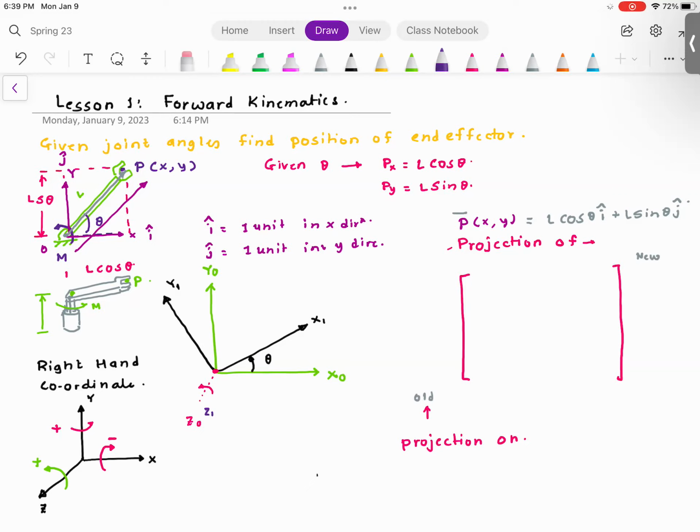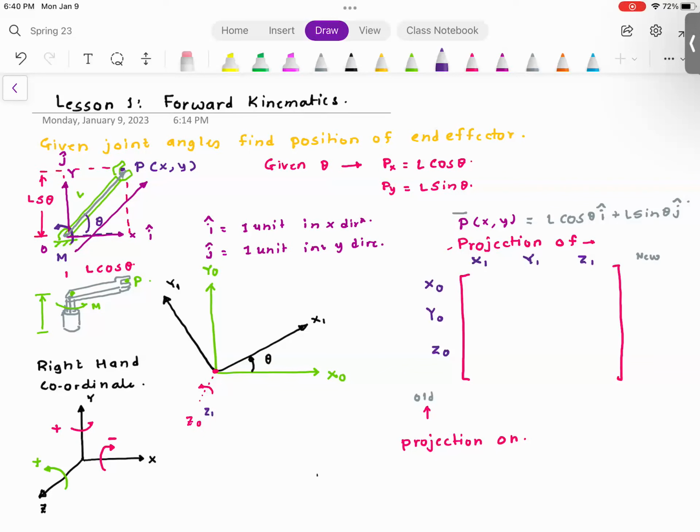So I'm going to write down projection of X1, Y1, Z1 on X naught, Y naught, and Z naught. Do you agree with me? So let's solve the easy part. Do you agree with me? Projection of Z1, this is super important, and I want you to pay attention. Projection of Z1 on Z0 is what?